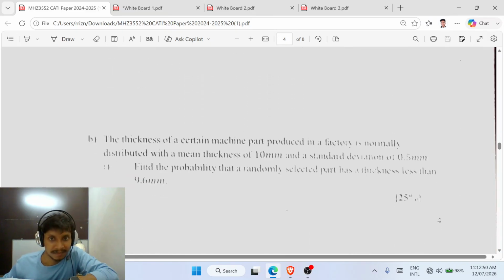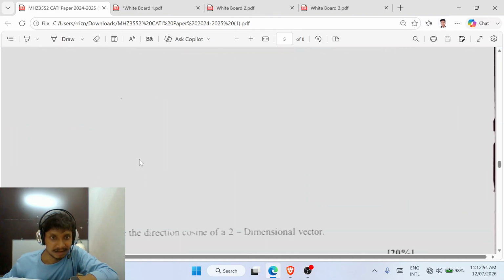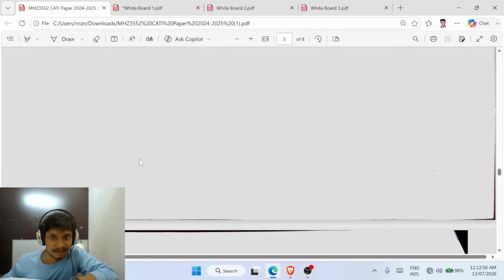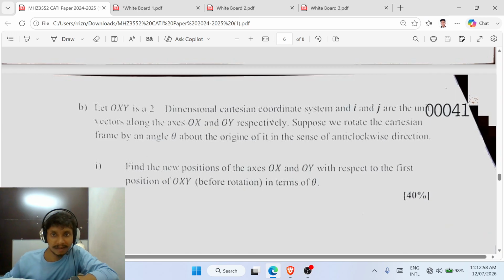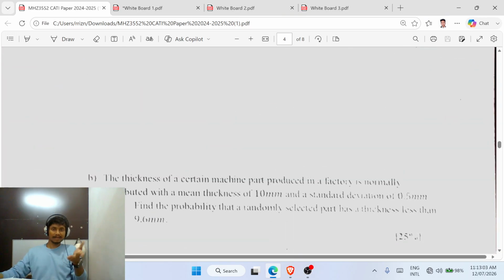Okay, then we can move to the other part, part B. But I think we don't have that, right? This is CAT 1.